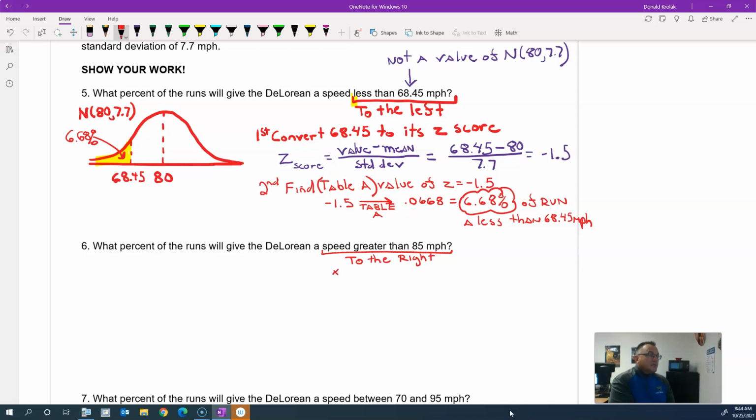Okay, so remember, when something is to the right, you take 1 and you subtract the table value. Okay, and then everything else you do the exact same way.